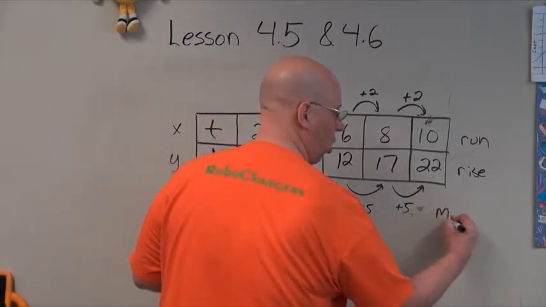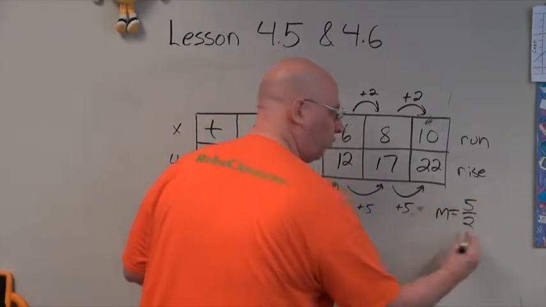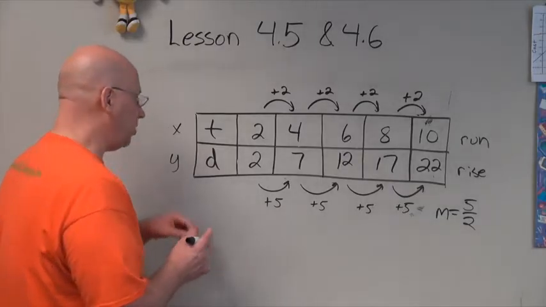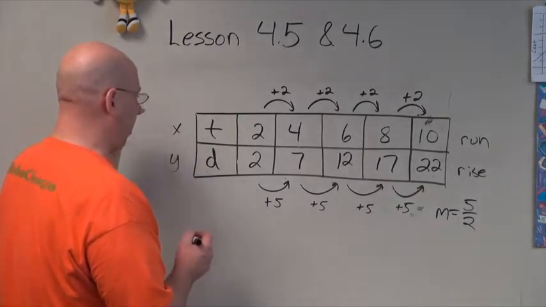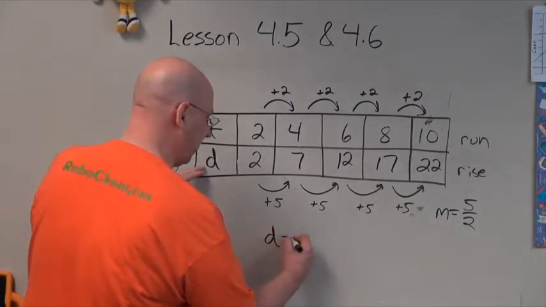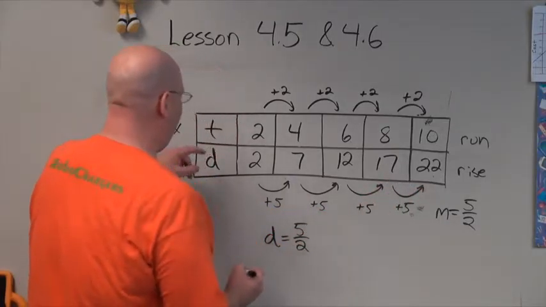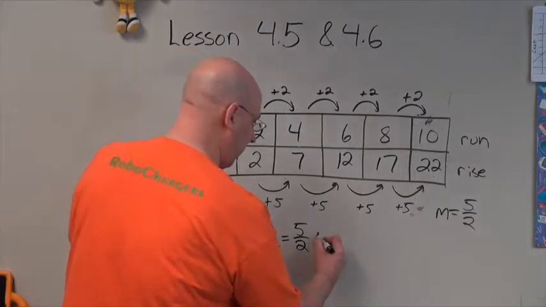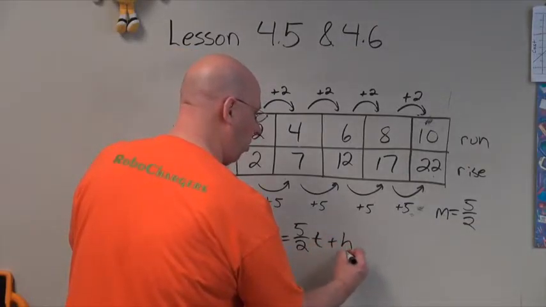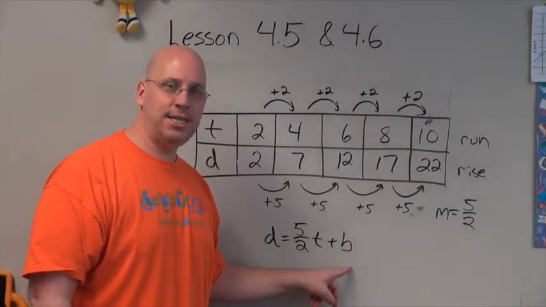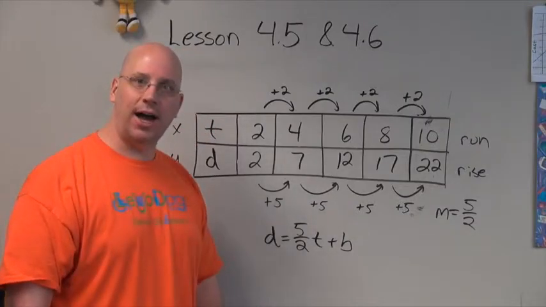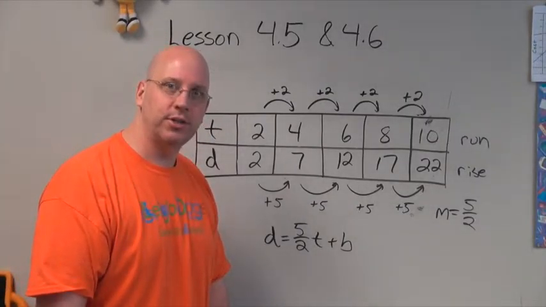I have a slope of 5 over 2. So I could set up my equation now knowing that y, d, is equal to the slope times x, which here is t, plus, uh-oh, I'm missing something. How do I find the y-intercept?